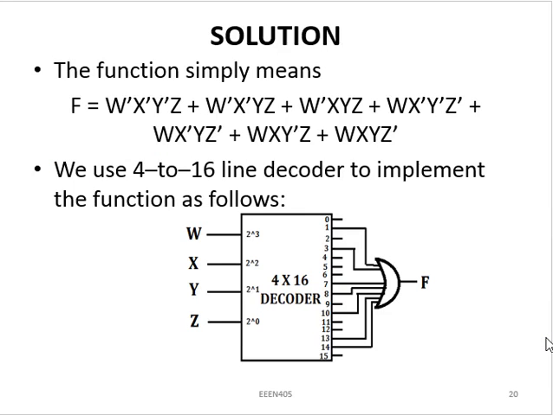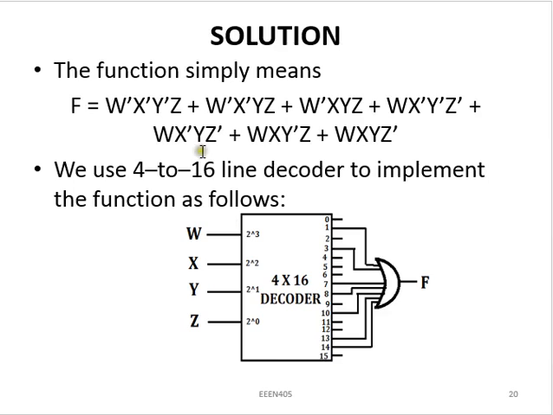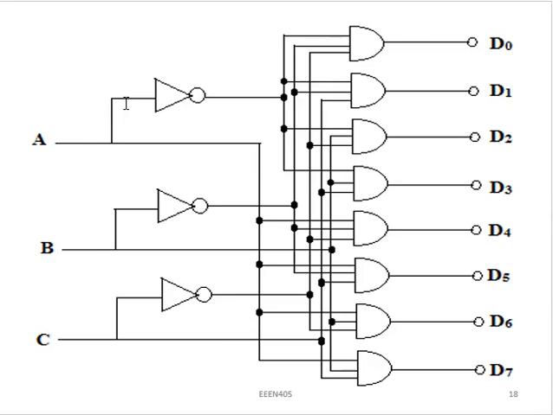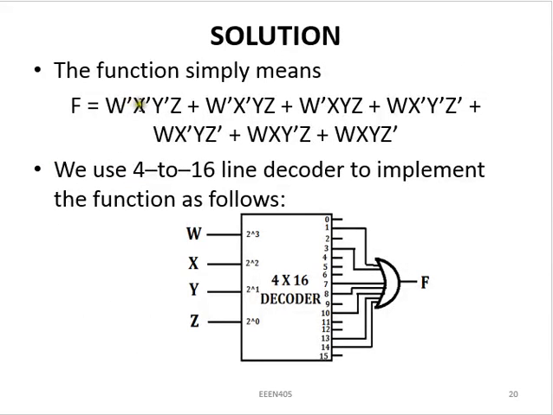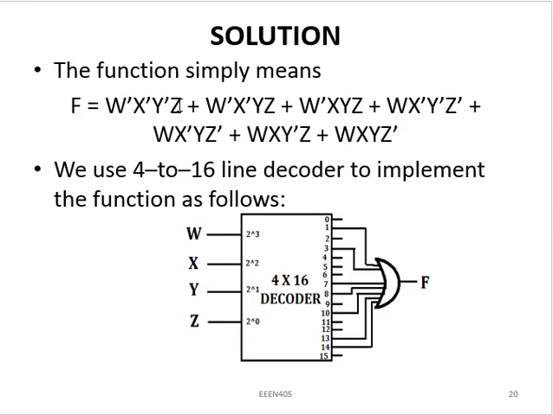In order to do this, we'll now say, okay, these min terms given to us are 1, 3, 7, 8, 10, 13, and 14, and we know we can express them in terms of those variables w, x, y, and z. For 1, I know I'm supposed to have 0, 0, 0, 1, which means I have w prime, x prime, y prime, and then z, which is the 1. And for 3, I'm supposed to have 0, 0, 1, 1. That is w prime, x prime, then y, z.